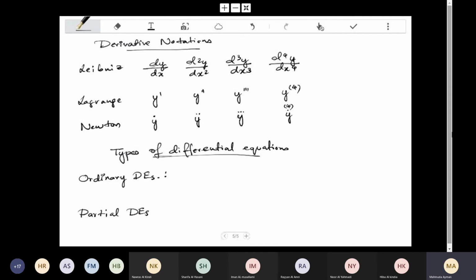Ordinary differential equations involve ordinary derivatives with respect to one independent variable.